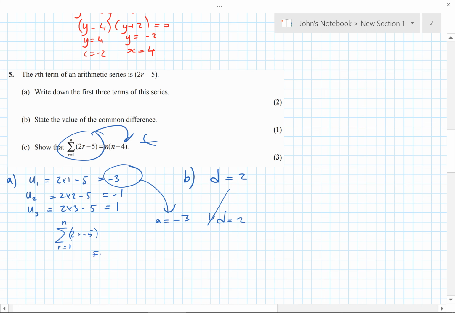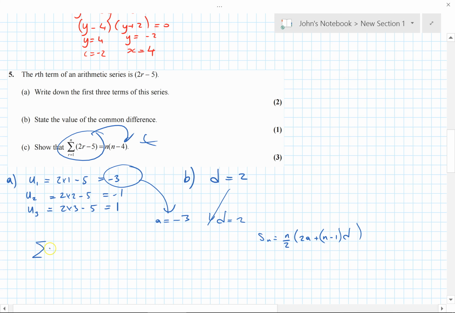There is a formula in the formula book for the sum of a series, which is Sn is equal to n over 2, 2a plus n minus 1 d. That's our formula that we're going to use. You don't get any marks for just quoting formulae, so we just have to use it appropriately.